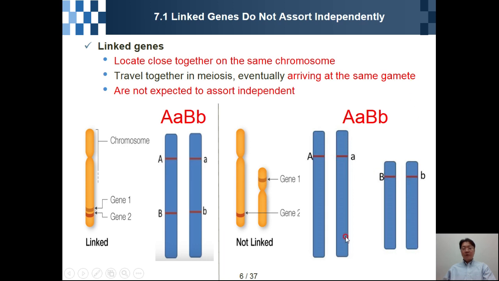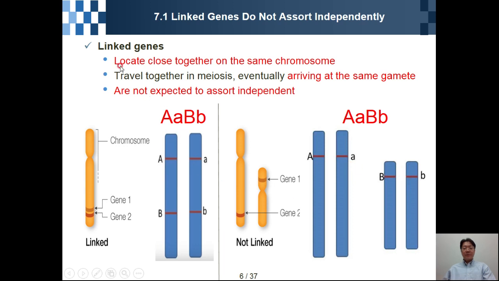For example, gene A and gene B are located on different chromosomes, so they do not travel together because they usually sort independently.